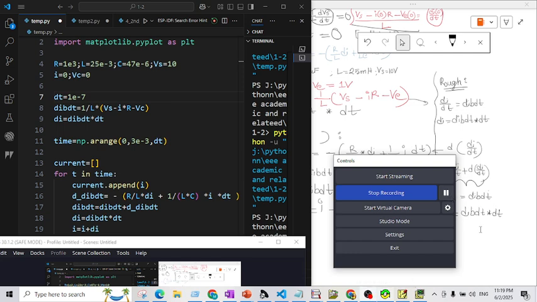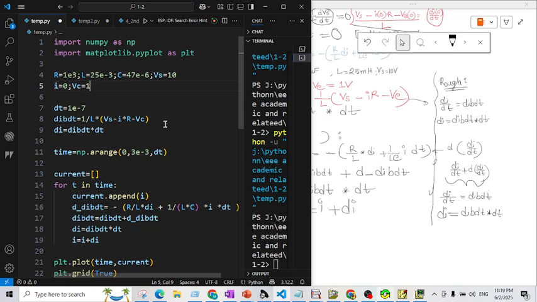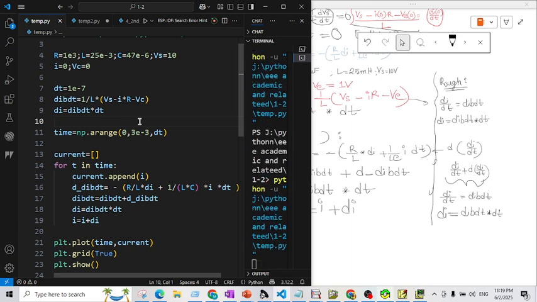Okay, so actually my code was not wrong. I just decreased dt. Vc was 1 volt, right? Okay, let's take it 0 volt. And if I run this code, I have changed it here just for 3 milliseconds, just to check what happens from 0 to 3 milliseconds.